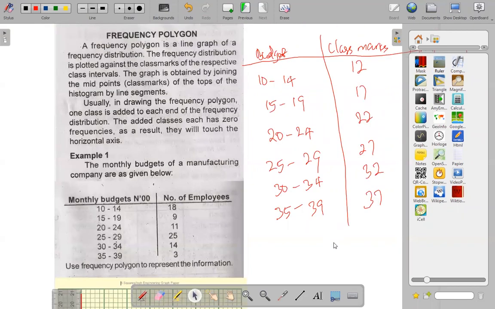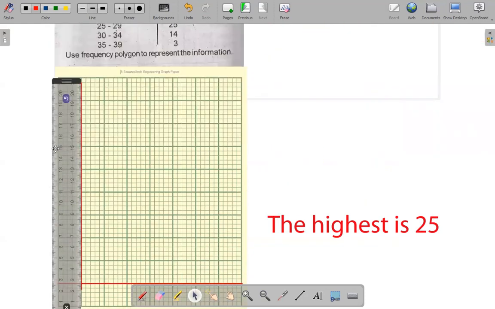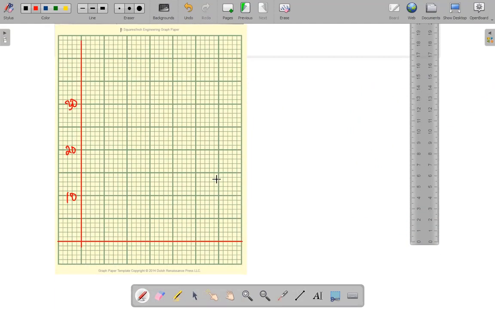The highest frequency I have here is 18, so I need to choose my scale along the y-axis to accommodate that. From this board line to this board line is 2 centimeters, so 4 centimeters represents 10 units. That is the scale I'm using.